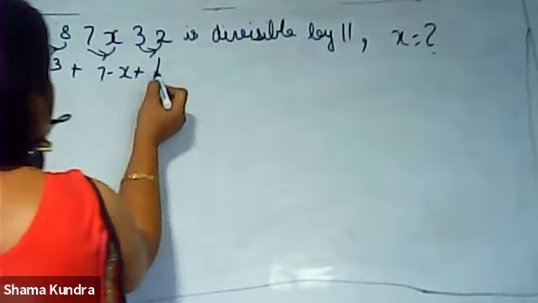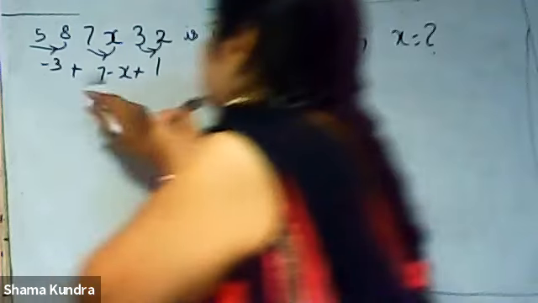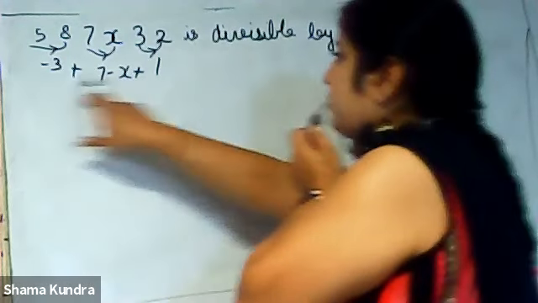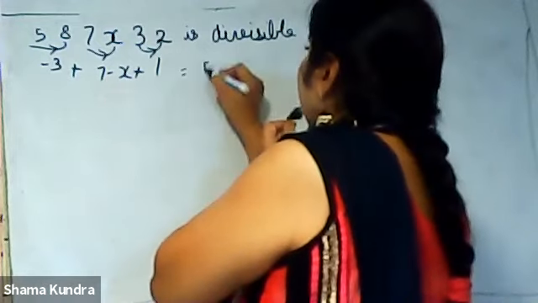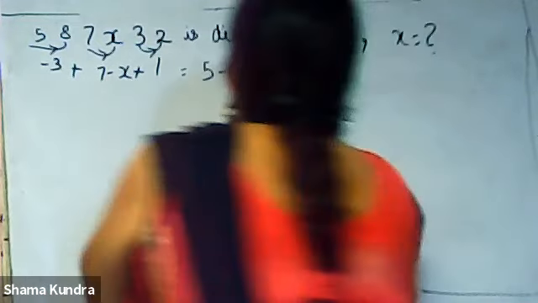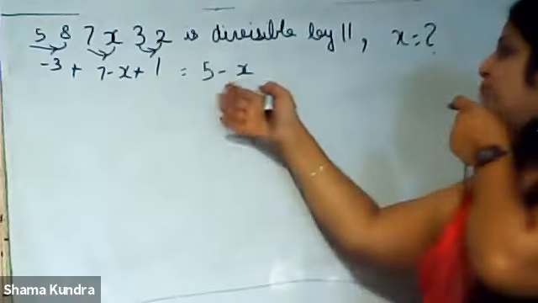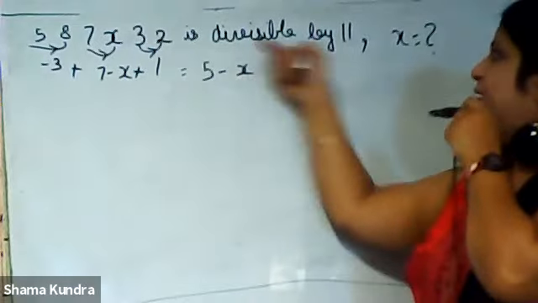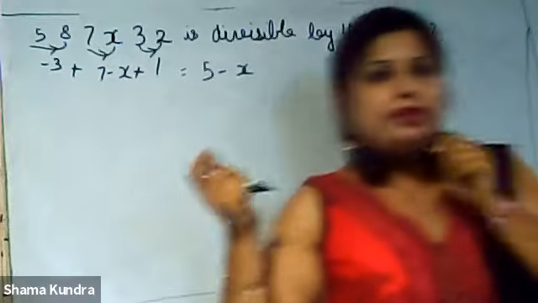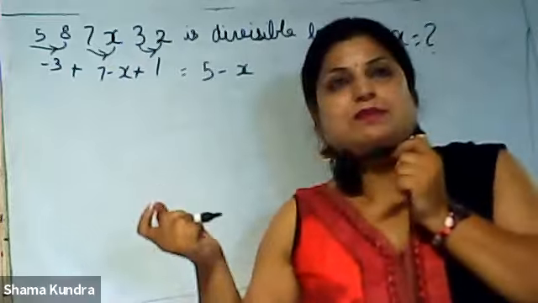7 plus 1, 8. 8 minus 3. What you will get? 5 minus x. Now, it is given 5 minus x is divisible by 11. Then what is the value of x?